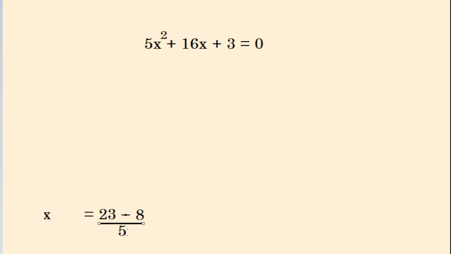And that's it, it's done. So 23 minus 8 is 15, and 15 divided by 5 is 3, so x is 3. Very easy. It doesn't really matter how long it is, how many numbers are there, it's always easy.